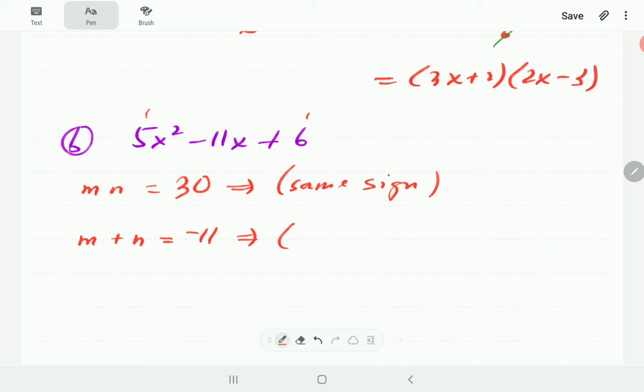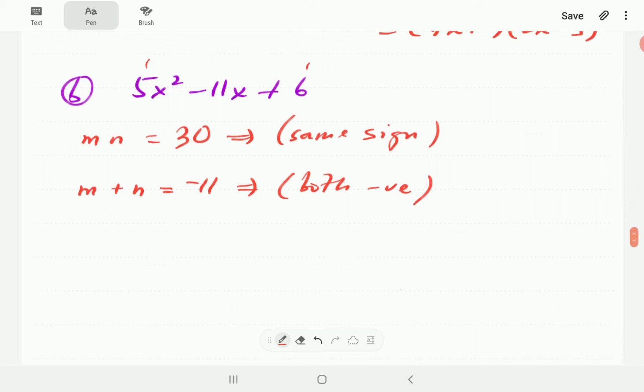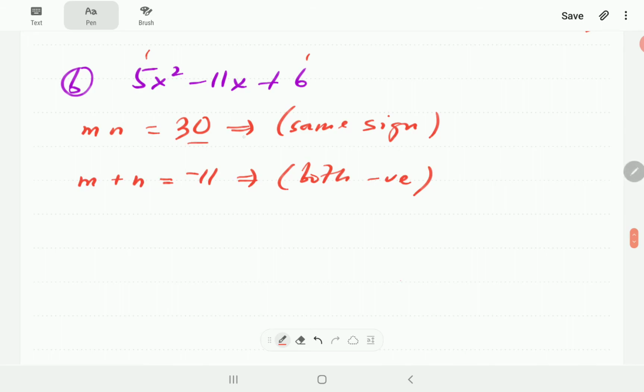So that means they cannot be both positive, because if you add them, they cannot add up to a negative number. So they have to be both negative.